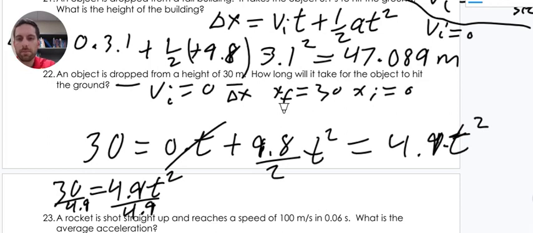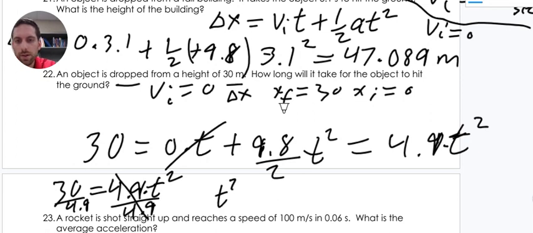That's a simplification. And then once we do that, 4.9 over 4.9 cancels to 1, because it's just divided by itself.